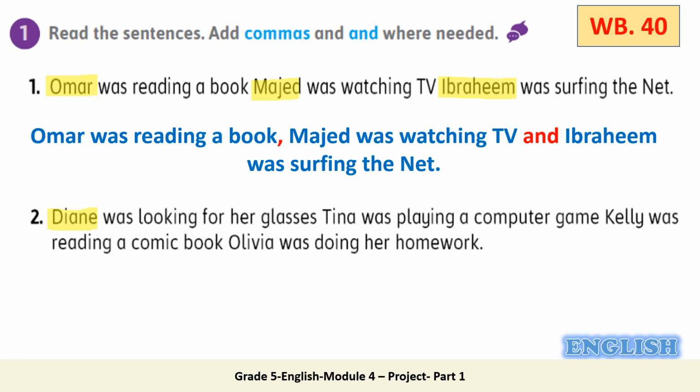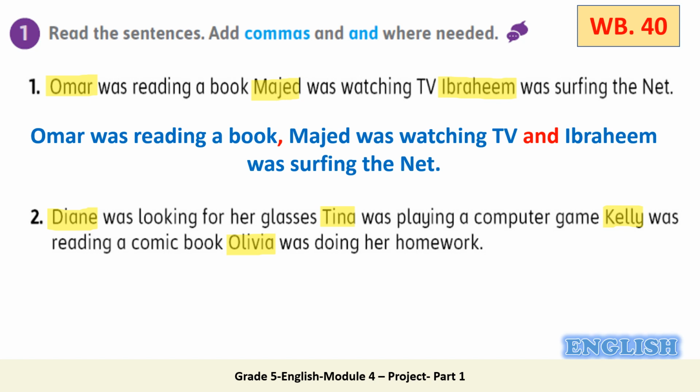Diane was looking for her glasses. Tina was playing a computer game. Kelly was reading a comic book. Olivia was doing her homework. Can you notice here how many names are there in this sentence? Excellent! We have 4 names. Can you guess where can we put and?